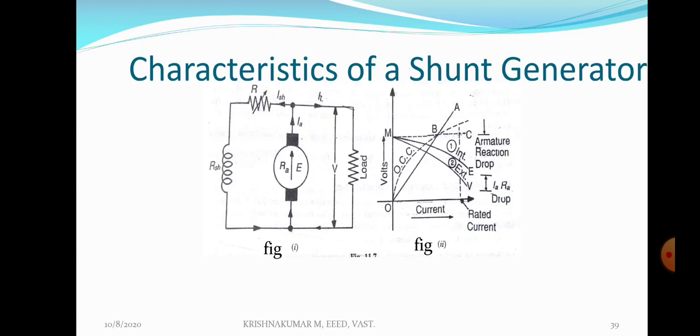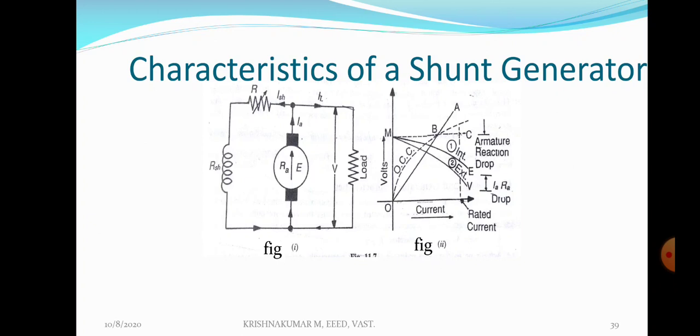So the intersection of OCC and the shunt field resistance line OA takes place at point B. The voltage corresponding to this point B is OM. And the second point is the internal characteristic, curve number 1, which shows the relation between E versus IA and lies below the OCC.